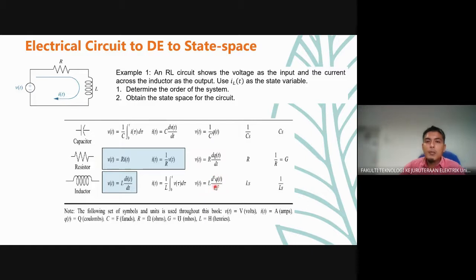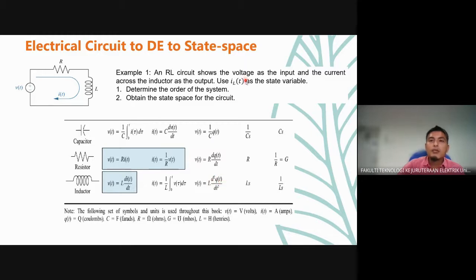If you still remember from the previous class, to determine the state variable you need to find the derivative parameters from the table formula. In this case, you can use di(t)/dt or d²q(t)/dt².